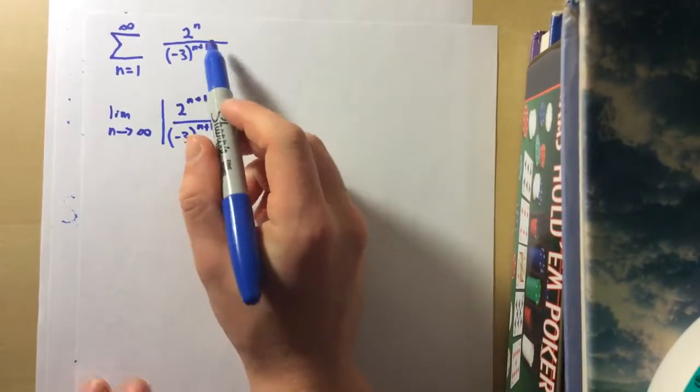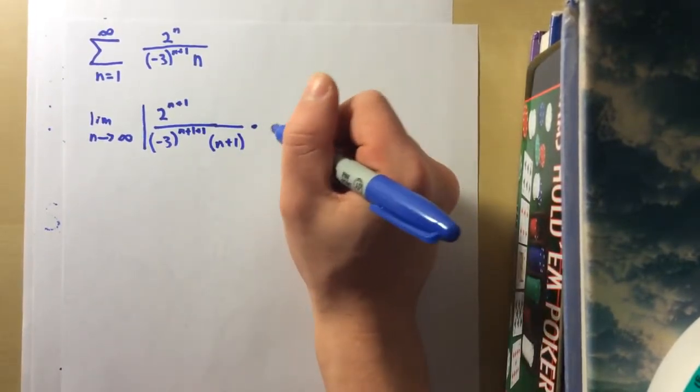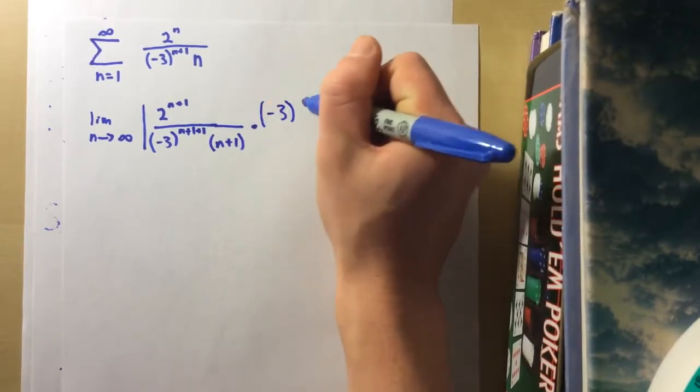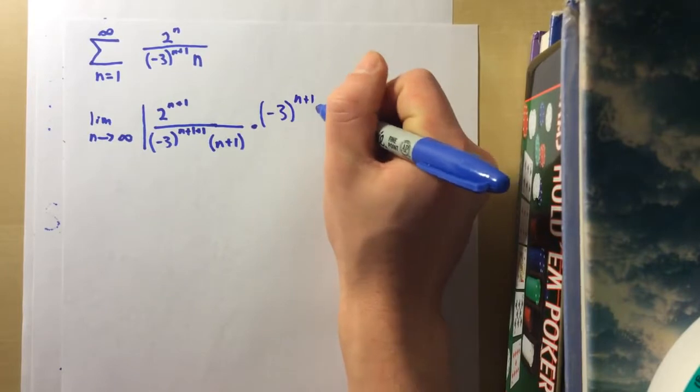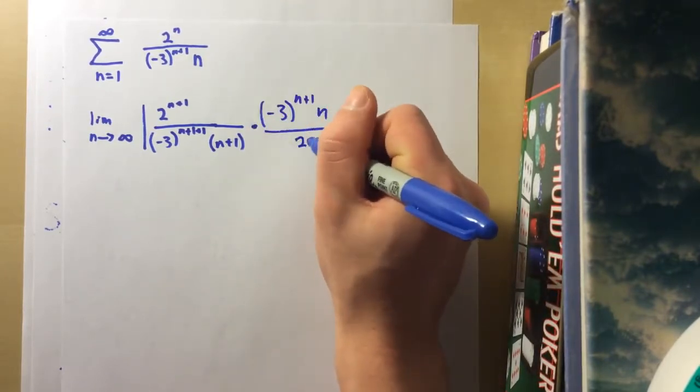Now we take the reciprocal and keep it as n, not n plus 1, so we get on top negative 3 to the n plus 1 times n, all over 2 to the n.